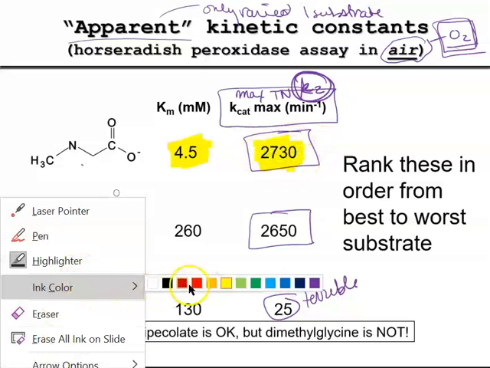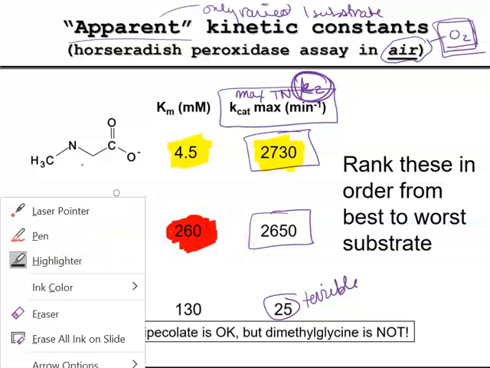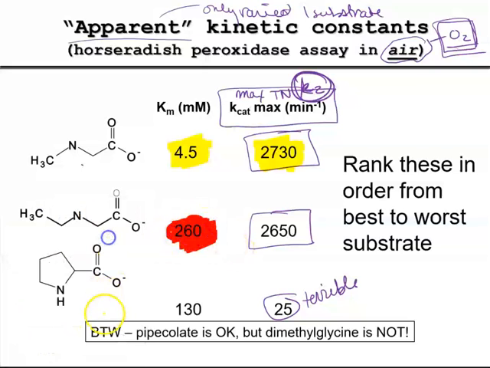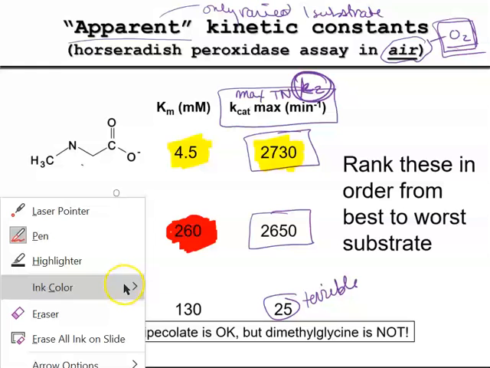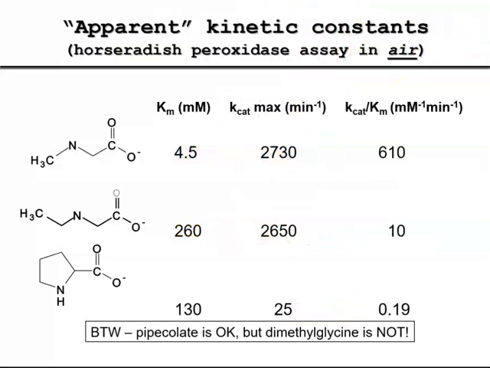If we were to consider just the Km, we'd say that N-ethylglycine is terrible, but in the light of the turnover number, it doesn't look too bad, does it? So maybe N-ethylglycine is okay as a substrate for this enzyme. So let's look at another way to evaluate the substrate preference of sarcosine oxidase. Let's look at this. This value is the gold standard.